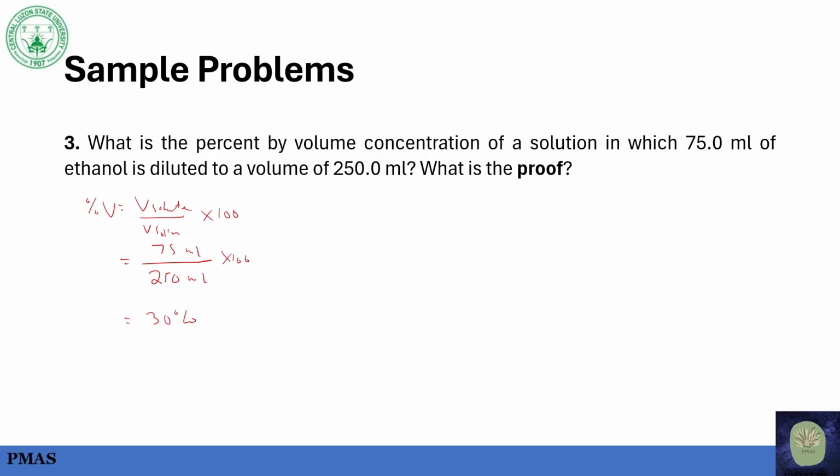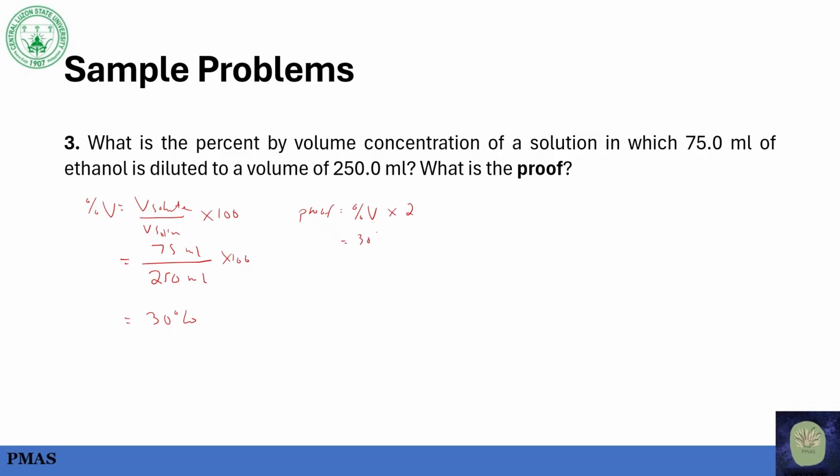Now, what is proof? You can see the word proof in alcoholic beverages, because alcoholic beverages are made by diluting ethanol with water and adding flavors. Proof is just the percent by volume multiplied by 2.